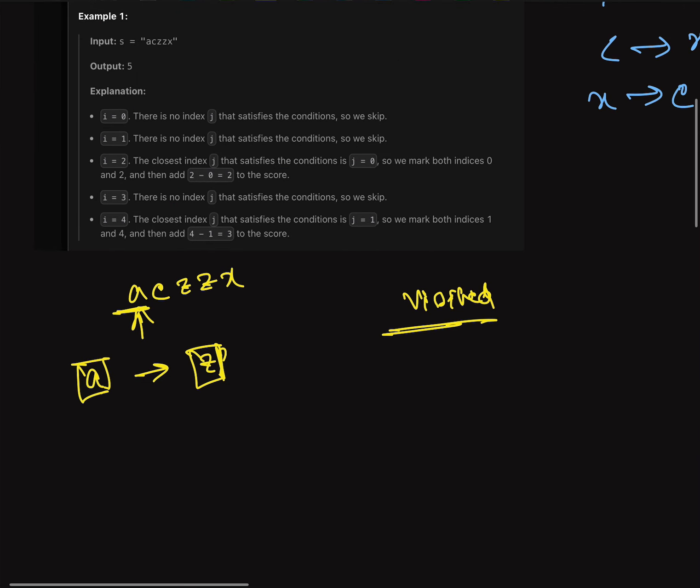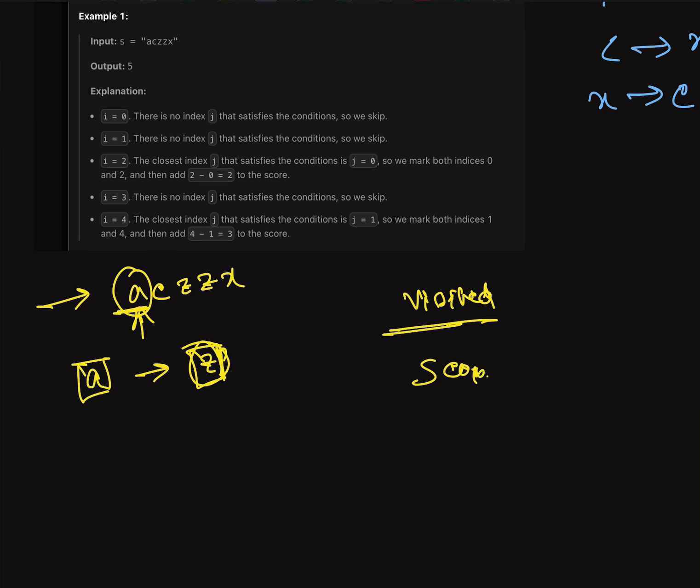Before this current index, have I seen any Z? No. So if we don't find any mirror character, we skip and go to the next. Our score is still 0.